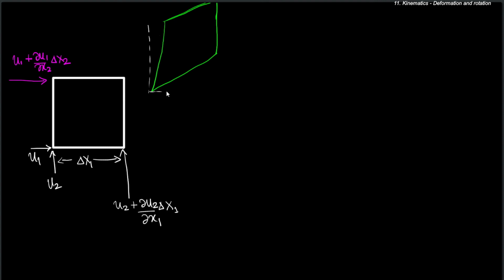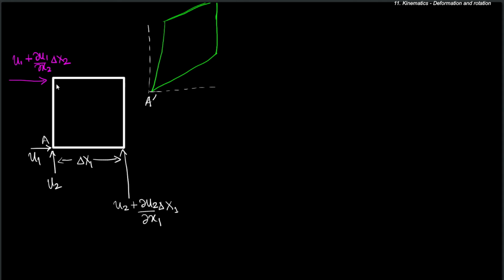So this is the original shape. Now if I call this point A, it has moved to point A prime because it has a u1 velocity causing it to move in this direction, while at the same time it has a u2 velocity as well causing it to move in this direction, and hence point A moves all the way to A prime.